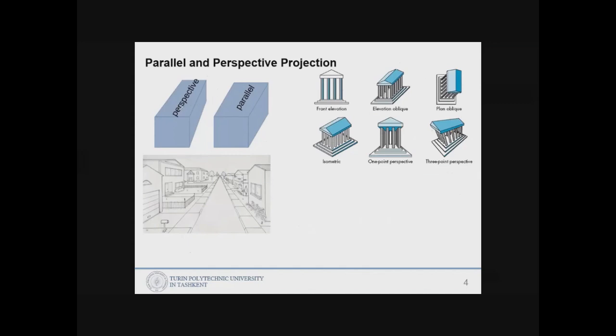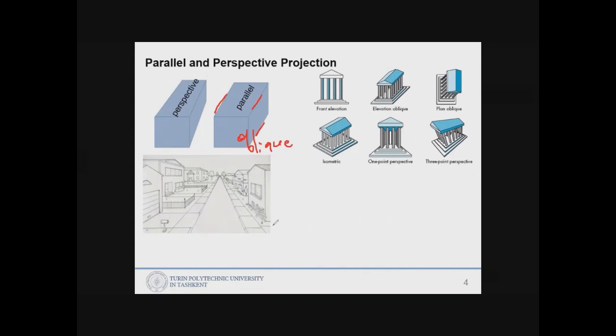Here in perspective projection, you can see the sides are not parallel, but in parallel projection, the side edges are parallel. That is actually oblique, a parallel projection. That's oblique projection. That is perspective projection. And in perspective projection, you might see like this.